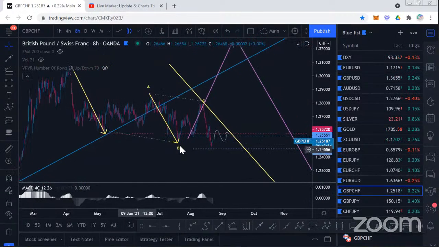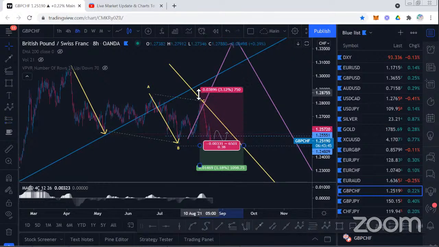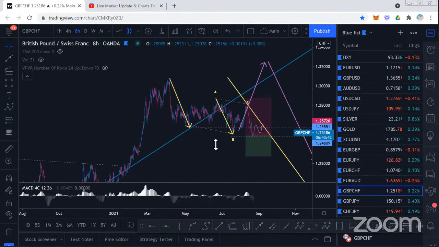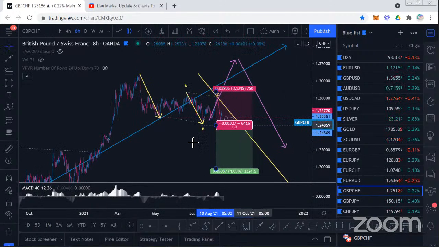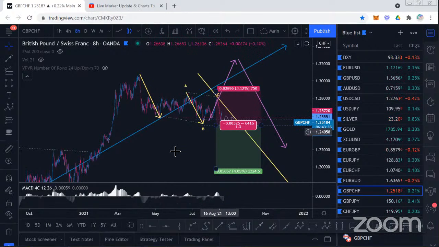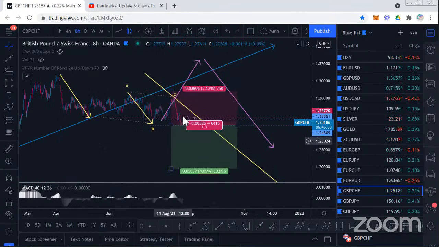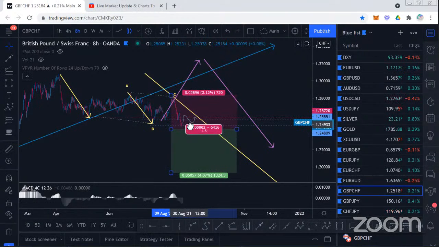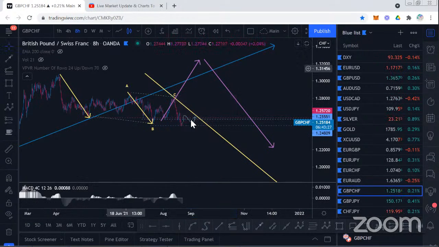Although if you have had that entry order in and it has been triggered, keeping a nice wide stop loss will work for you here. The structure is still good. We're still expecting downside, and things are looking good for continuation to the downside. So if you are in that trade, that's still a good trade. Maybe slightly underwater now because you just got taken in. But I would like to just see at least a lower time frame correction before entering this trade, something along these lines, before really committing to that trade.